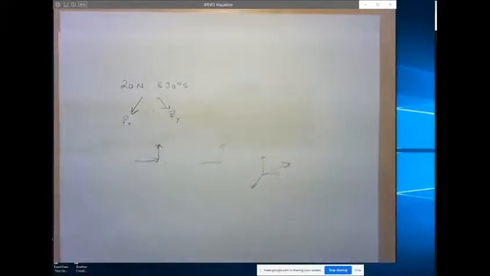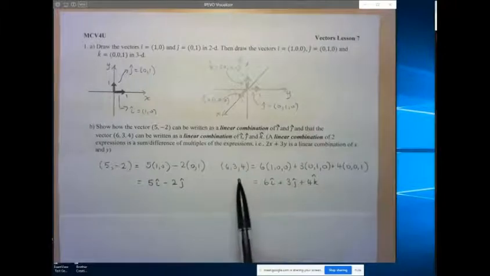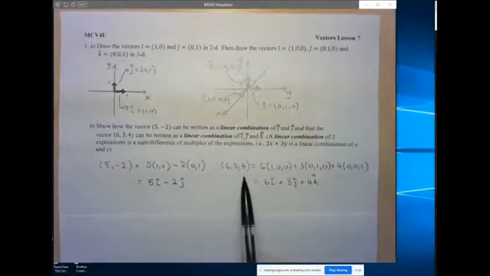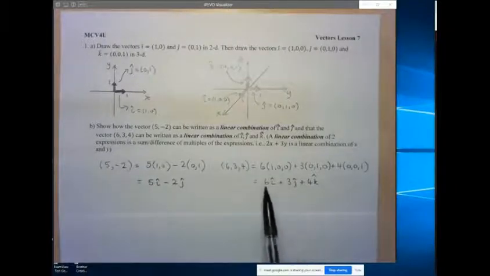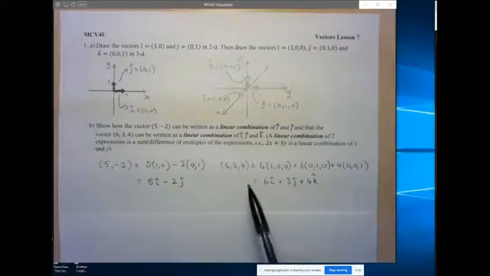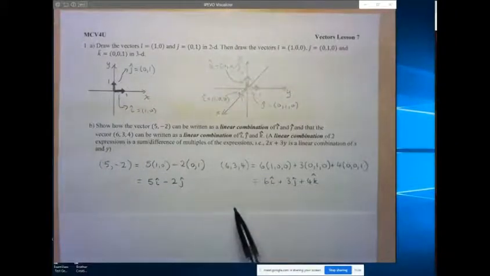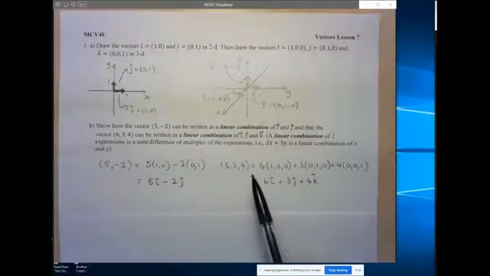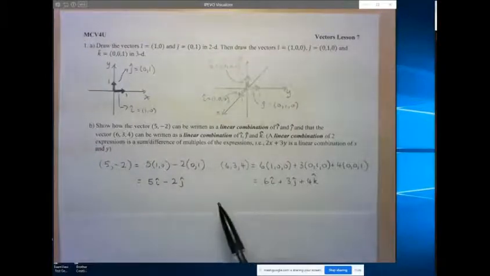So again, the advantage of this definition of a vector, by giving it as a sum of these three mutually perpendicular components, is that the algebra of adding, subtracting, and scalar multiplying these vectors is much easier than using the explicit method of giving a magnitude and describing the direction.